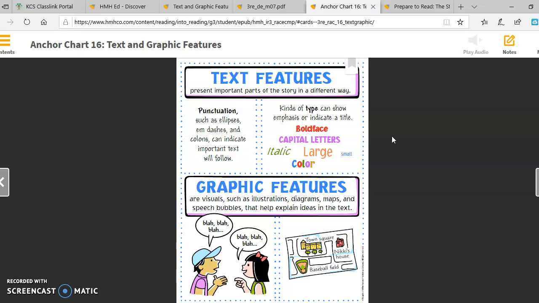Then you have your graphic features. They are visuals such as illustrations, diagrams, maps, and speech bubbles that help explain ideas in the text. So here you have a conversation taking place. They are using their speech bubbles there for you, a visual for you to see. And then beside that there you have a map that's being used as a visual feature for you.